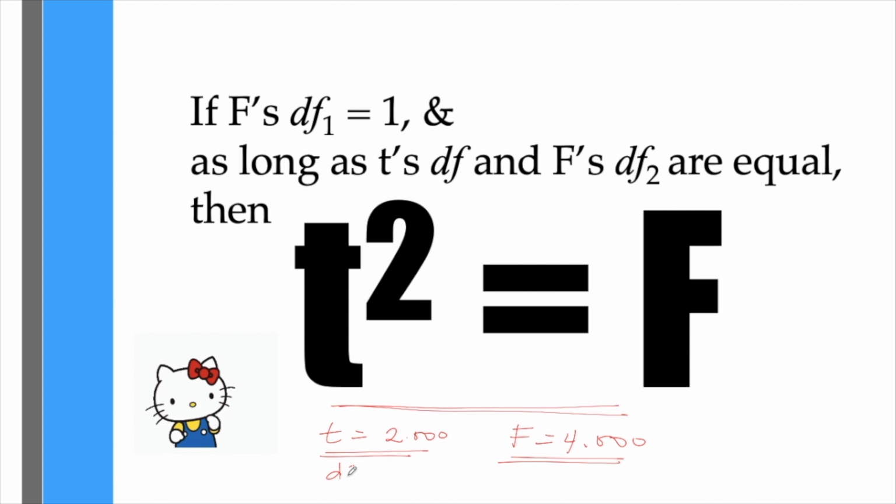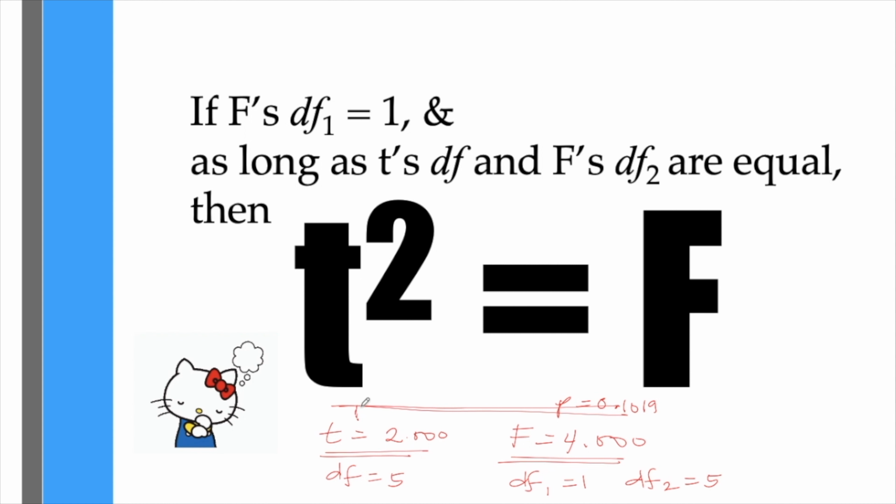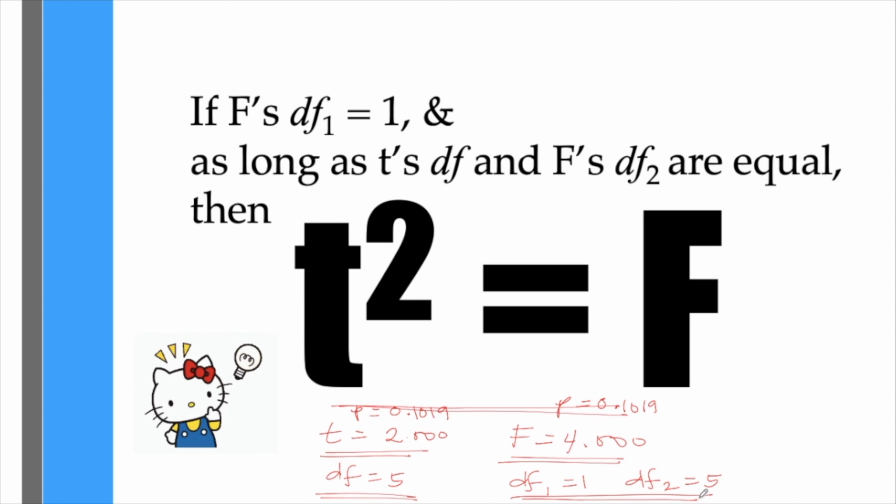So if the df here is, let's say, 5, the df1 here is 1, and the df2 is rest assured to be 5. And the p-value here, let's say 0.1019, rest assured that the p-value here is also the same as 0.1019. So this basically shows that the result of the t-test in comparing two means is exactly the same as the result of the analysis of variance.